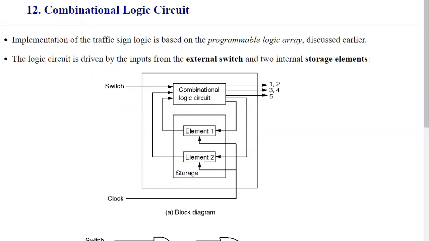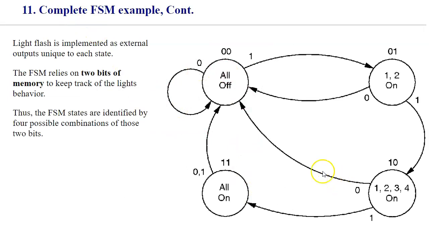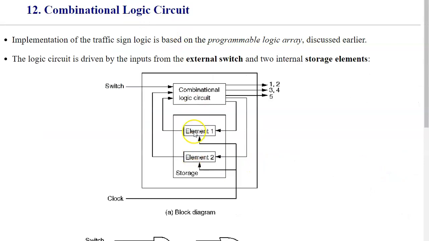As you recall, in the finite state machine, we need only 2 bits to identify our unique states. So we cycle from 0 0 to 0 1, 1 0 and 1 1, and here these 2 elements will be storing these values, starting with 0 0, then going to 0 1, 1 0, and 1 1, and then back to 0 0.